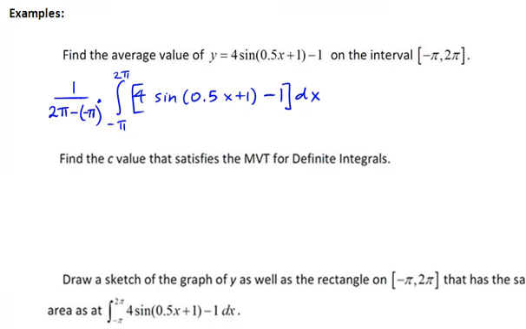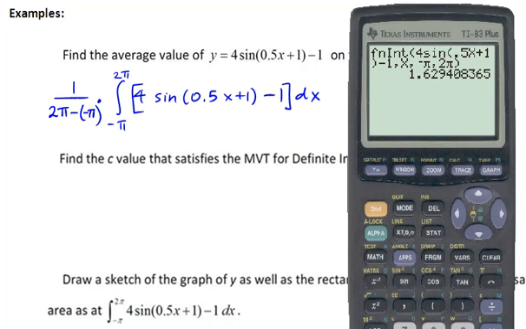We're then going to multiply that integral by 1 over the upper bound minus the lower bound, or in this particular case, 1 over 2 pi minus negative pi, or 1 over 3 pi. When evaluating the integral on the calculator, we get that it's about 1.6294. Multiplying this by 1 over 3 pi, or dividing it by 3 pi, we get that the average value is about 0.1729.